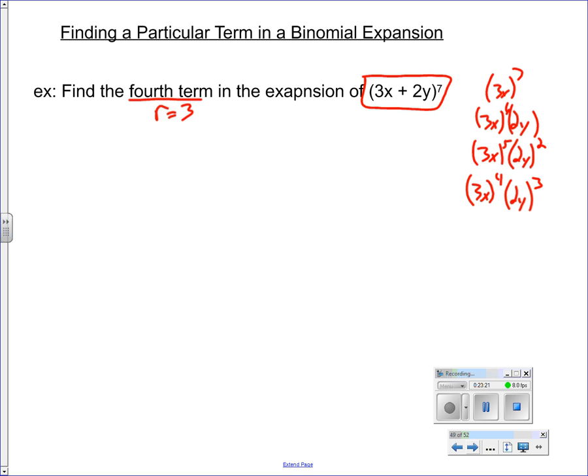Another helpful piece with these exponents, you notice that on every term they add up to 7.